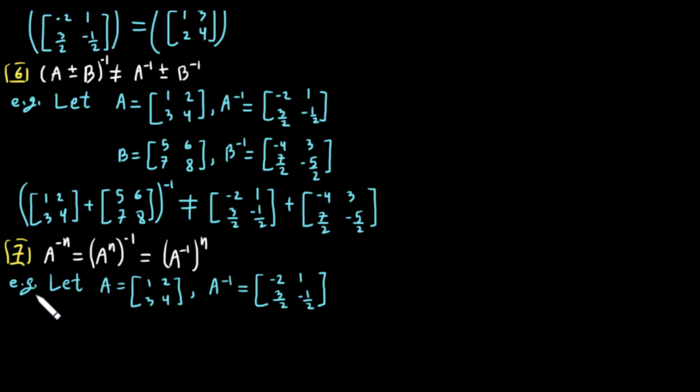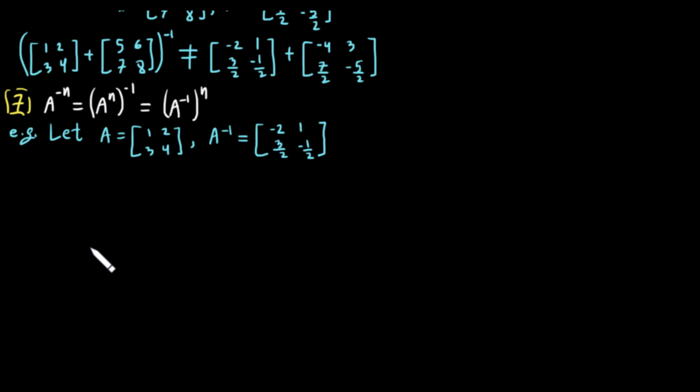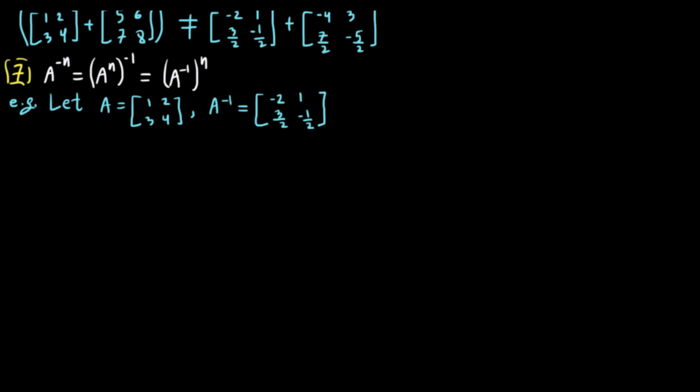Let's go a little bit down. Let's say you want to find A power negative 7. You can find it either as A power 7 and the whole thing negative 1.